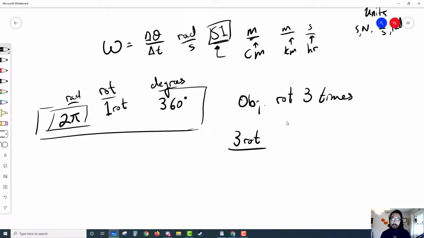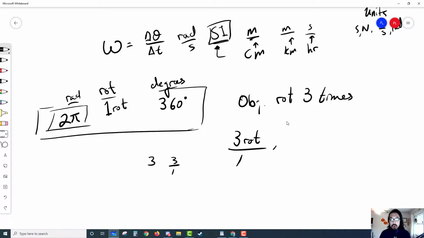If you have 3 rotations, technically it's in the numerator, so it's 3 rotations over 1. Every number is technically in the numerator over 1, but we don't write it out, because anything over 1 is itself. But I find it helps to think about it this way when you're converting.